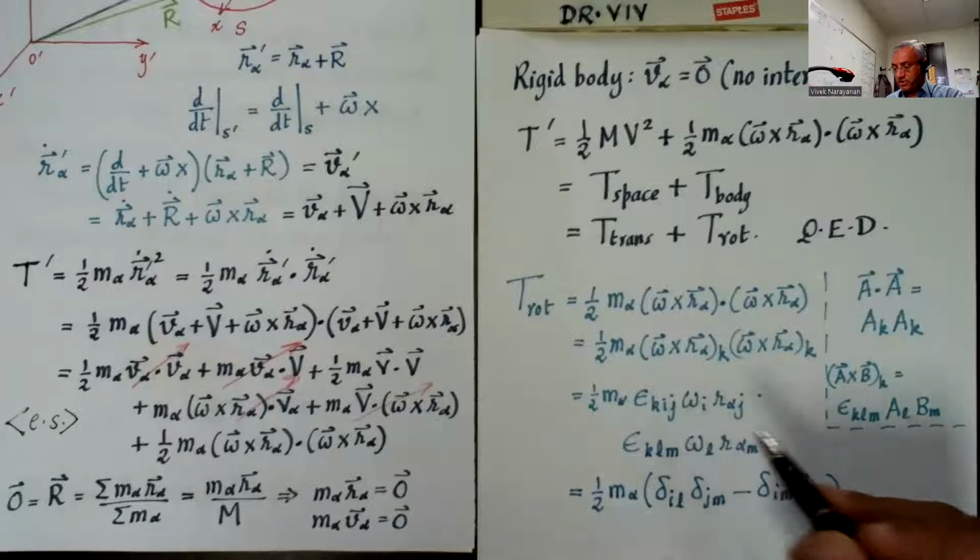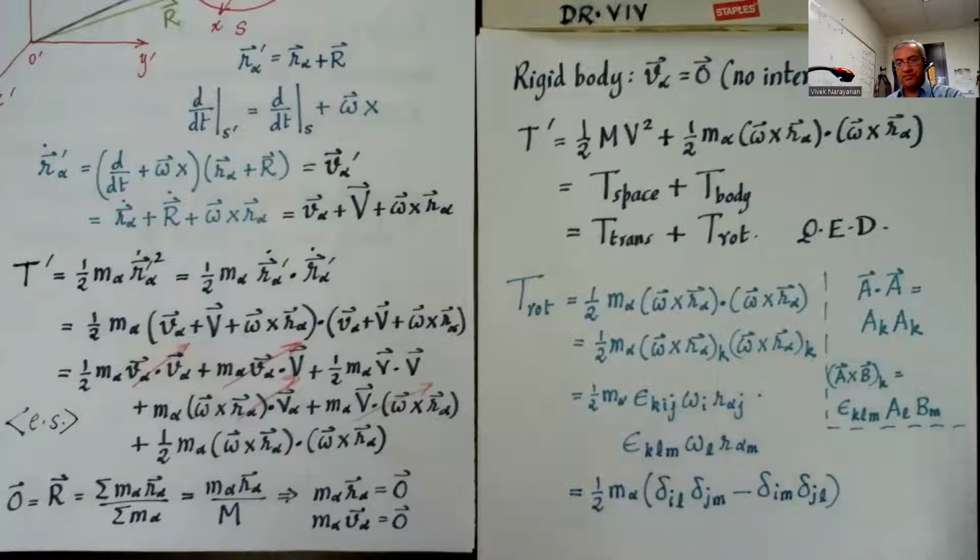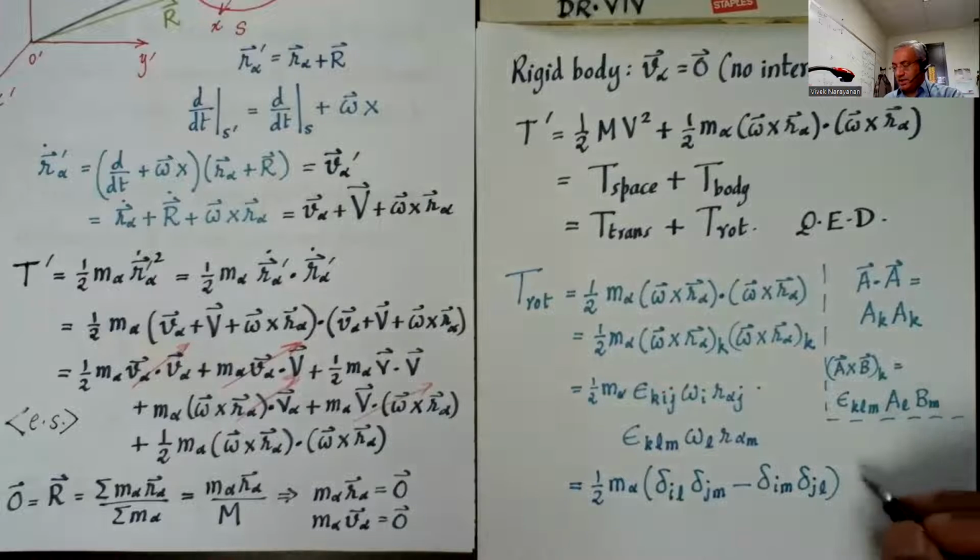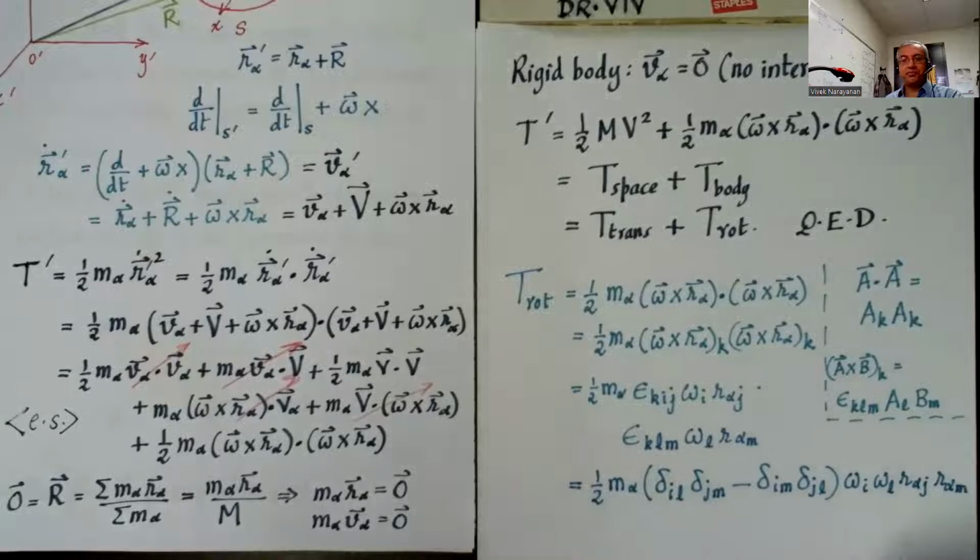Crosswise means im, jl. Then everything else you can just string out: omega I, omega L, R alpha J, R alpha M.